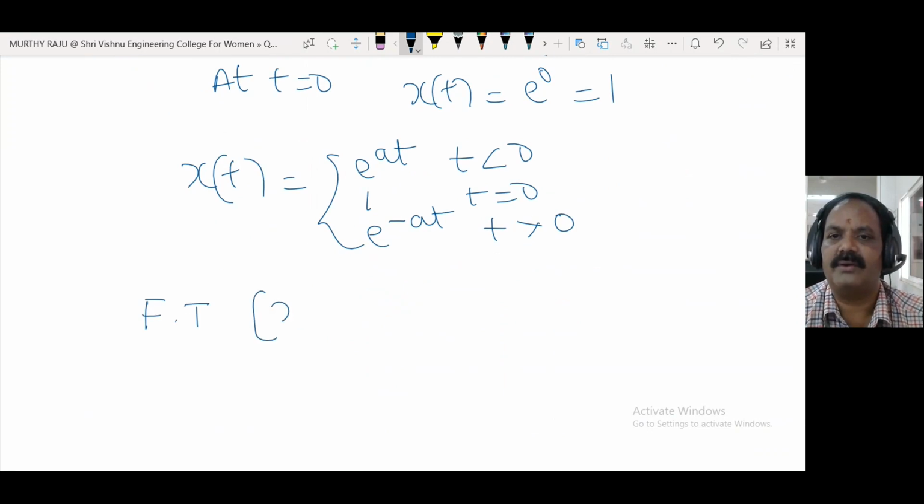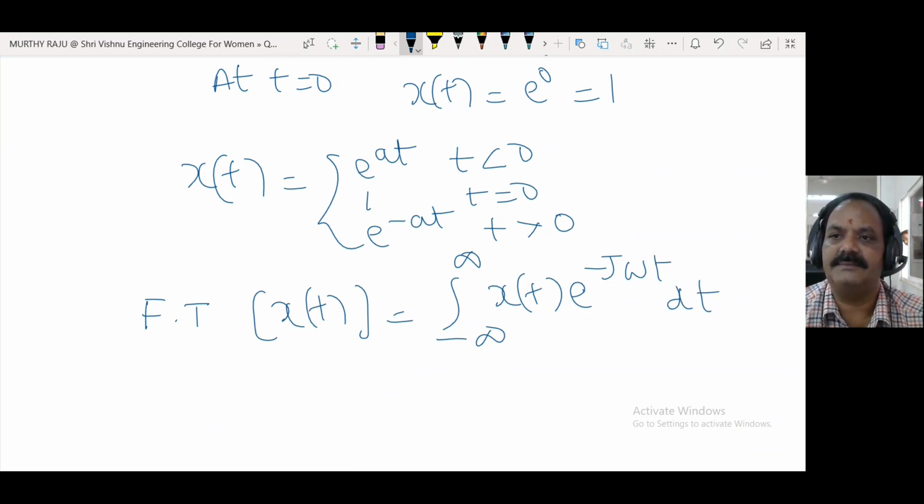Fourier transform of x of t is equal to the integral from minus infinity to plus infinity of x of t e power minus j omega t dt.